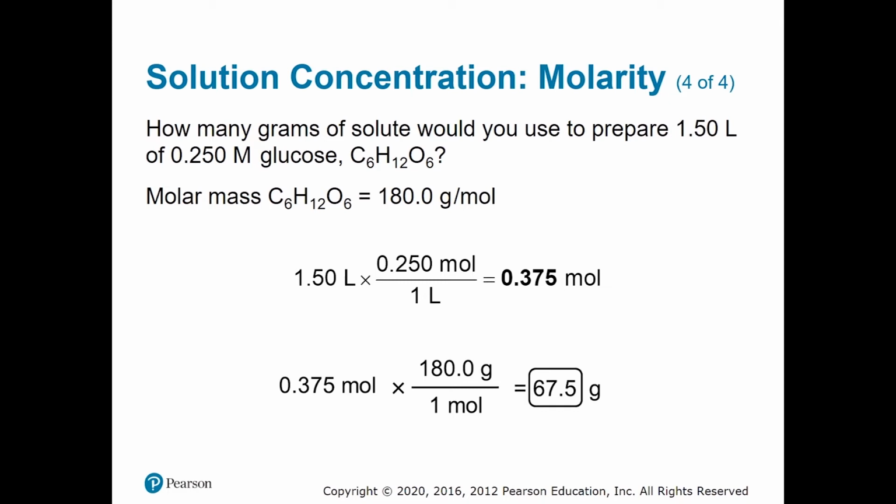So if we take our target volume, 1.50 liters, and multiply by the molarity, a ratio of 0.250 moles of glucose to 1 liter of solution, we get a total of 0.375 moles of glucose. We can then use the molar mass to figure out what mass of glucose that is, 67.5 grams.